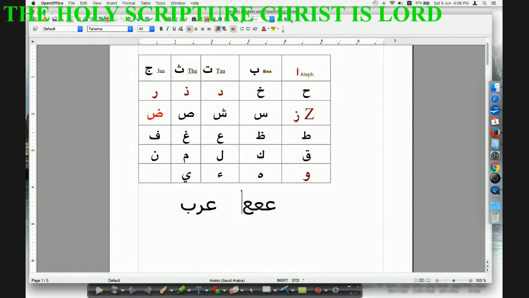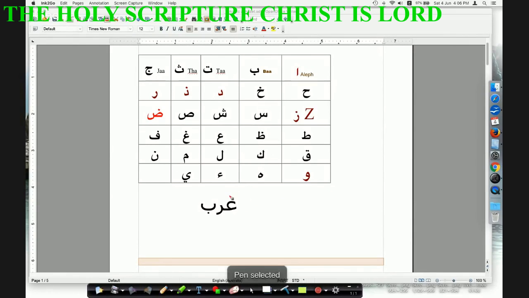This is the word Arab. Now, if I add a dot on the top of this word, that will make it Gharb, which means west. You see how the meaning changed totally? From the word Arab to the word west.